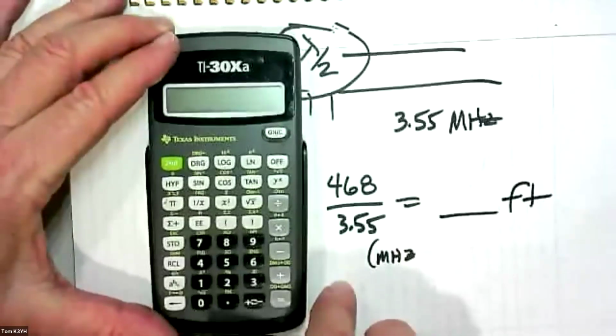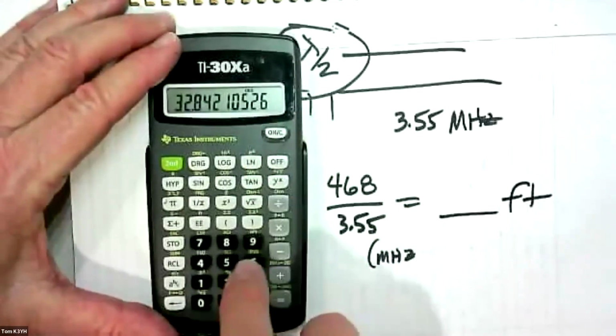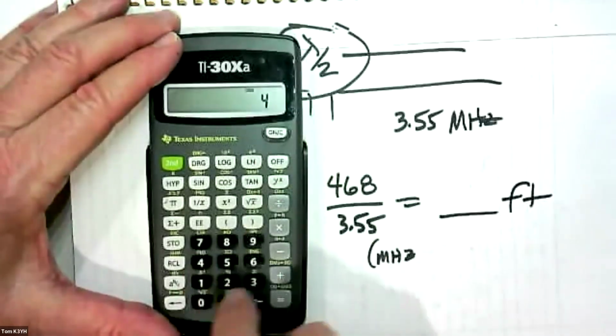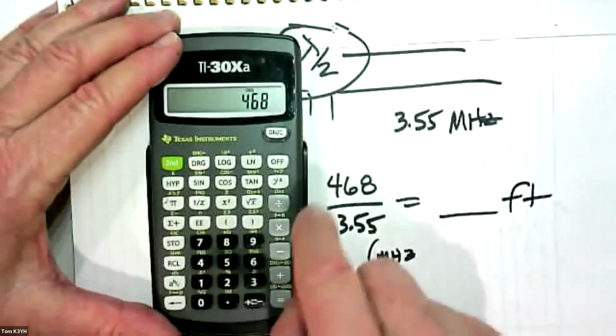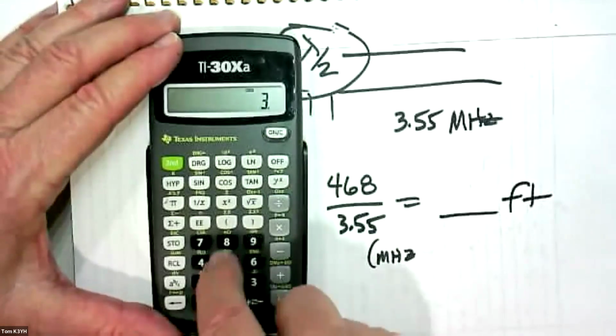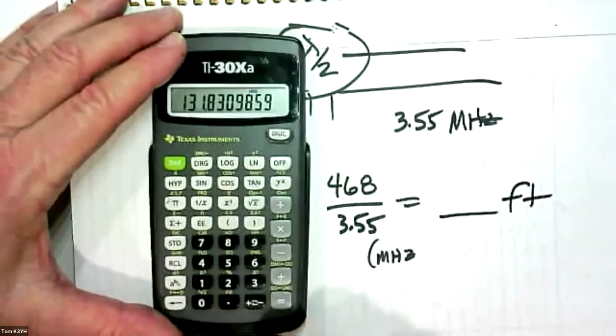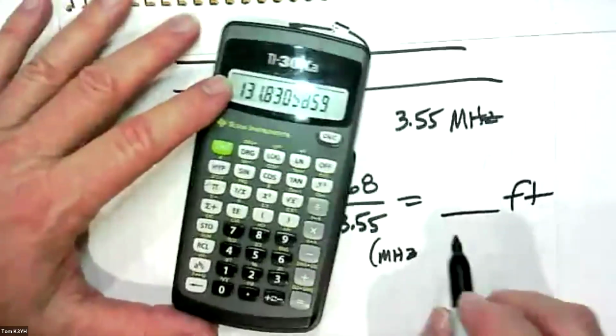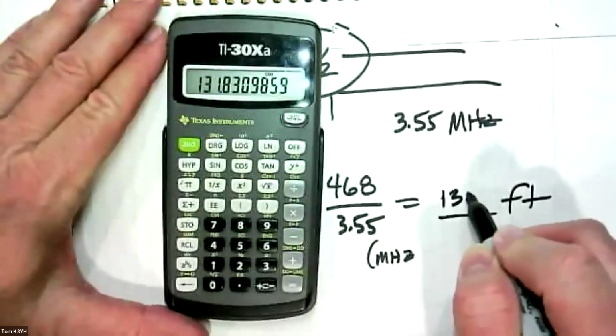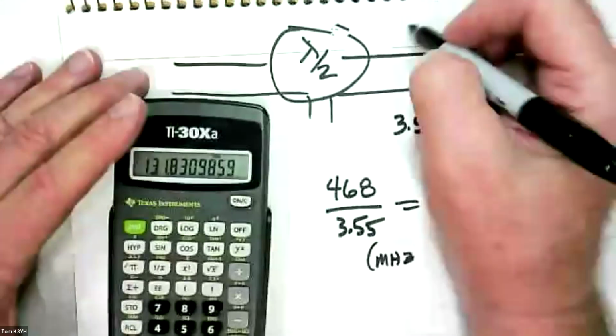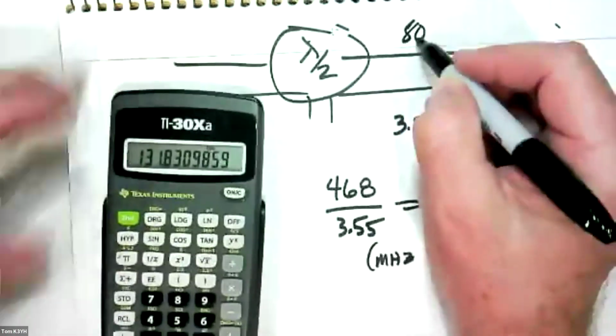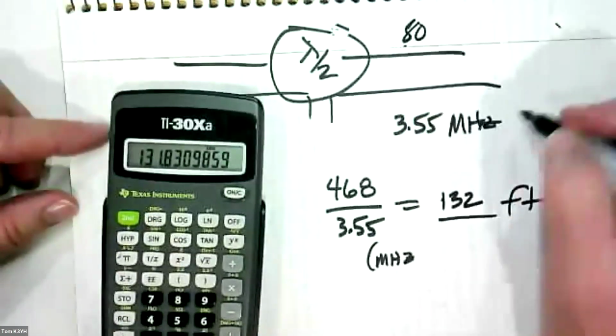468 divided by 3.55, 132 feet. Remember what I said? I said it was 80 meters divided by 2 is 40 times 3 is 120.